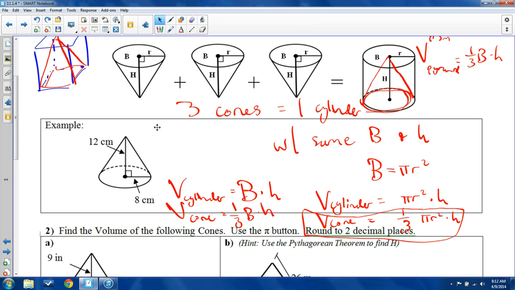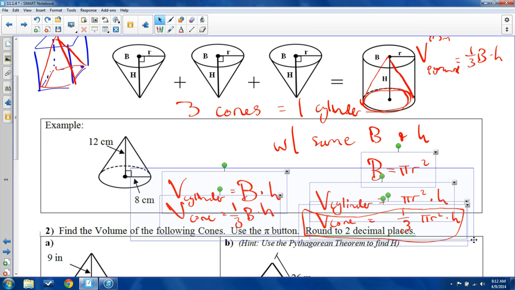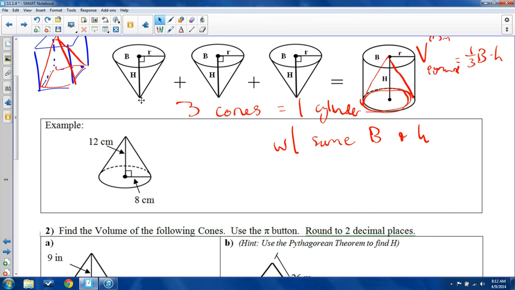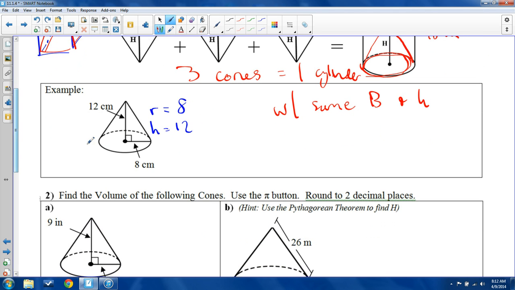Okay, so let me do this example. I'm looking at a cone with a circular base with a radius of 8. So my r is 8. My height is 12 centimeters. Let's go ahead and find the volume of this cone.